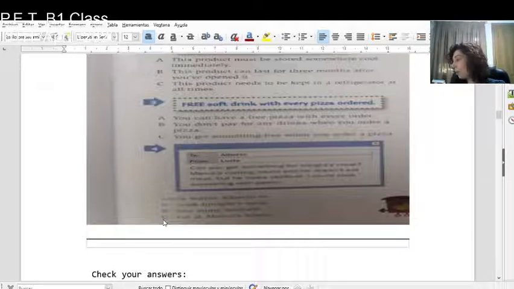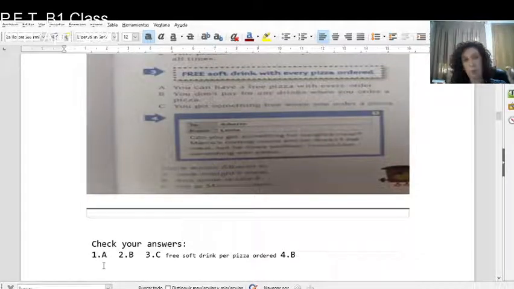What's the best option? Because now we're going to move on to correction. Check your answers. Well, the correct answers are the following. 1 is A, because you can eat this food up to 3 days after opening the packet. 2, the correct one is B. This product can last for 3 months after you've opened it. 3, it's C. You get something free, a soft drink, when you order a pizza.